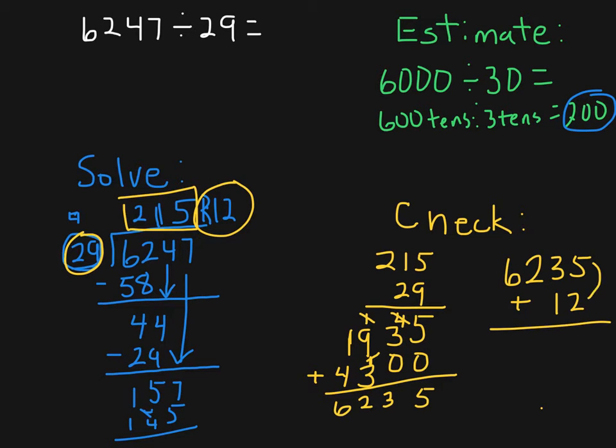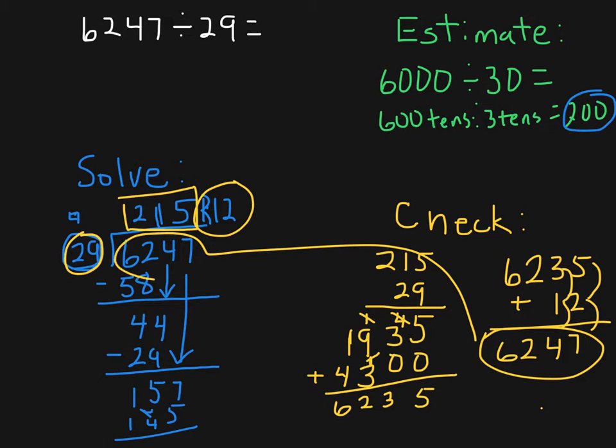So 5 plus 2 is 7, 3 plus 1 is 4, 2 plus 0 is 2, 6 plus 0 is 6. So I come up with 6,247. I'm going to check and make sure that is the same as my dividend, and yes it is, so it checks out. So now I can write my answer up at the top.